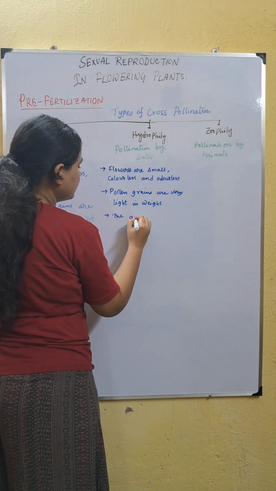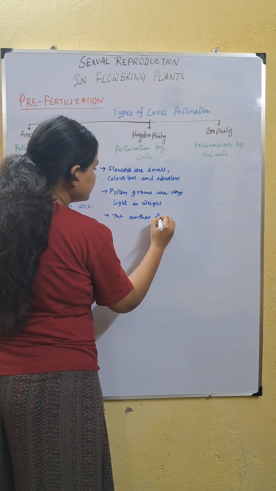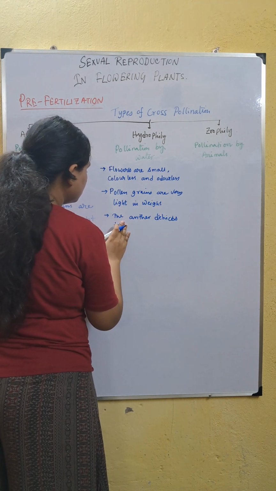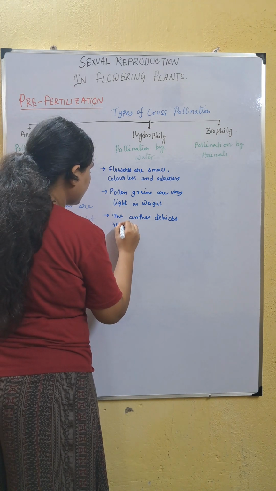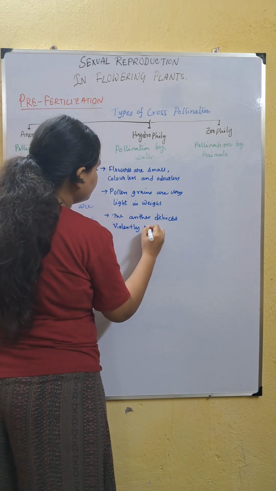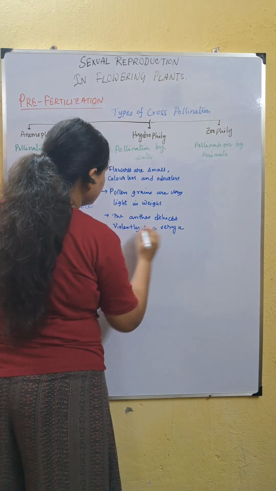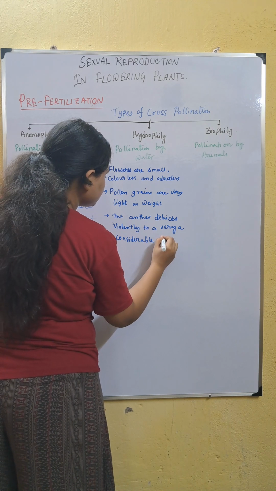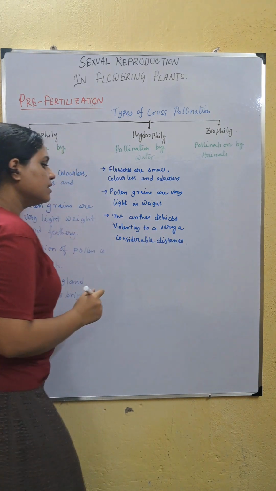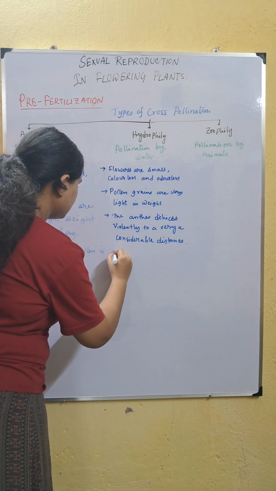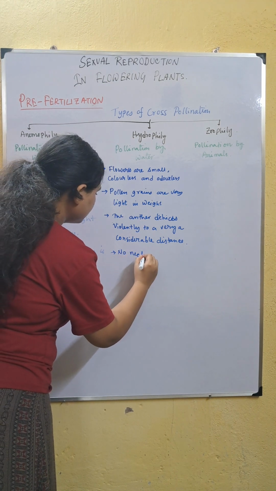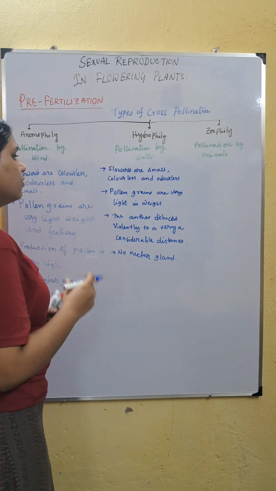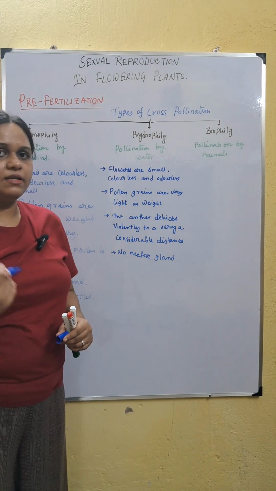The anther dehisces violently to a very considerable distance. No nectar gland, and the pollen grains produced are very large in amount.